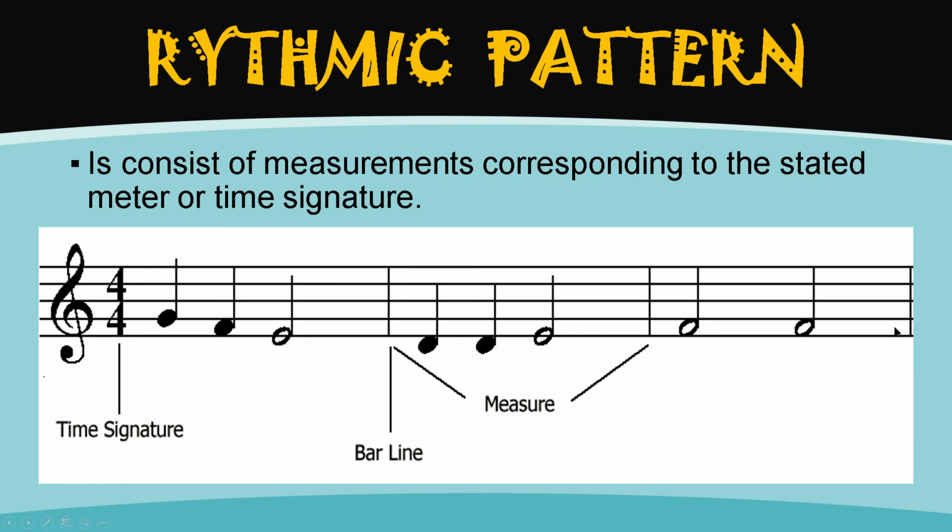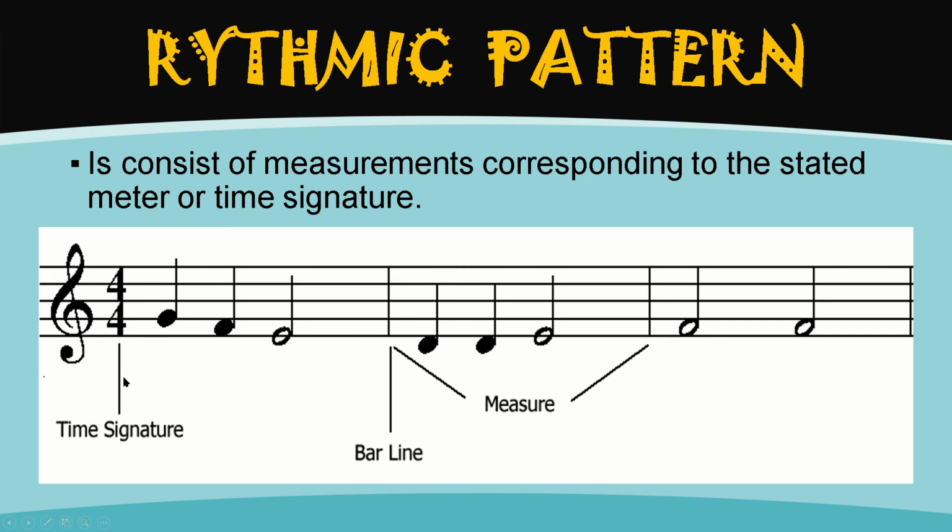That bar line divides the meter into measures. So here are the measures: first measure, the second measure, and the third measure. And the number that appears on the left side is the time signature.